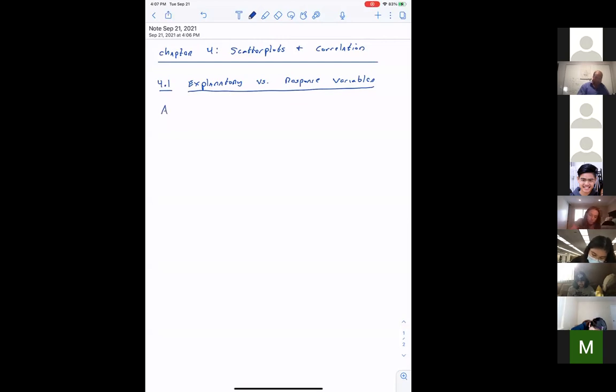It says a response variable measures an outcome of a study.